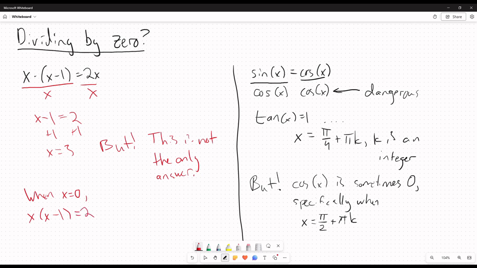Well, let's just plug in 0 for x. What do we get? We get 0 times 0 minus 1 equals 2 times 0. That gives us 0 equals 0. So when x equals 0, we have another solution.